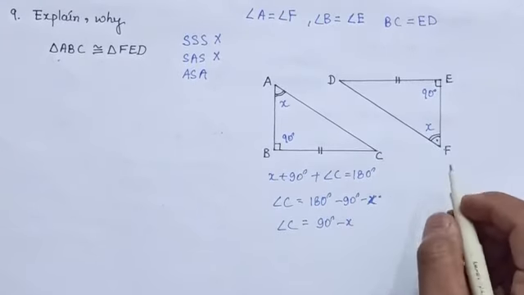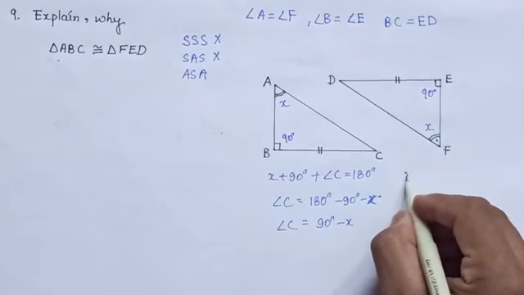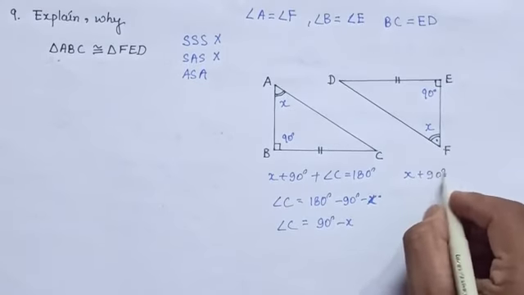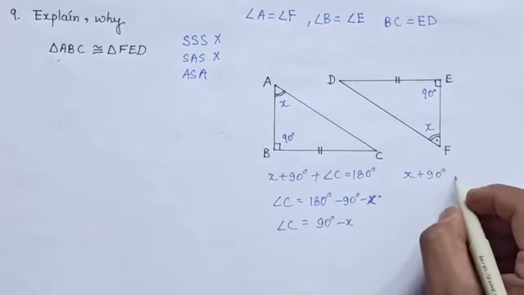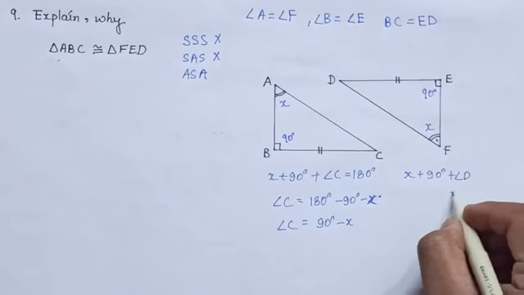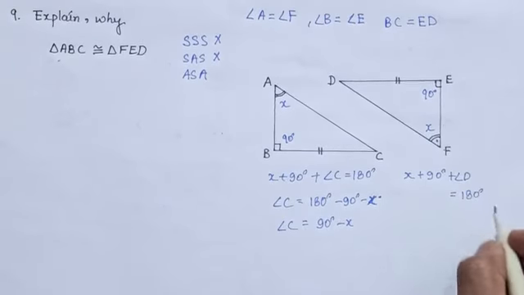Similarly, in this triangle FED, we can say X plus 90 degrees plus angle D equals 180 degrees. Okay.